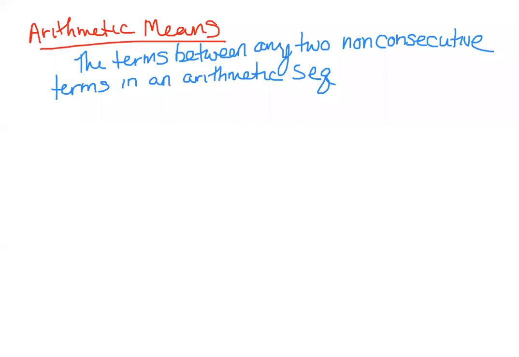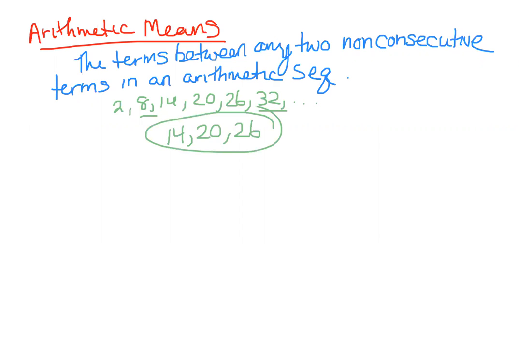Okay, for example, if you look underneath, given the sequence 2, 8, 14, 20, 26, 32, the arithmetic means between 8 and 32 are 14, 20, and 26. Those are the arithmetic means.